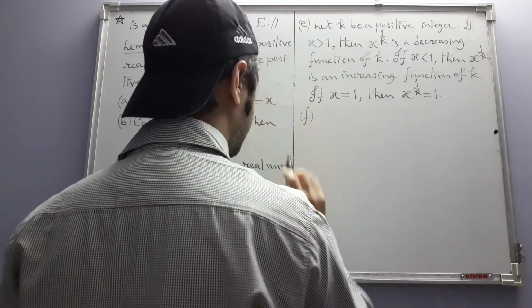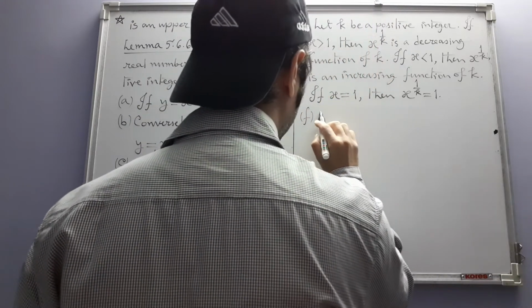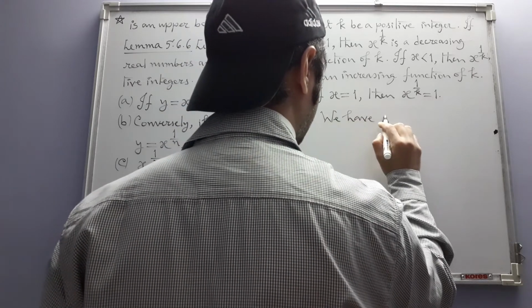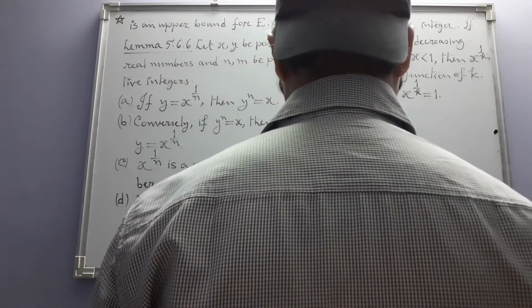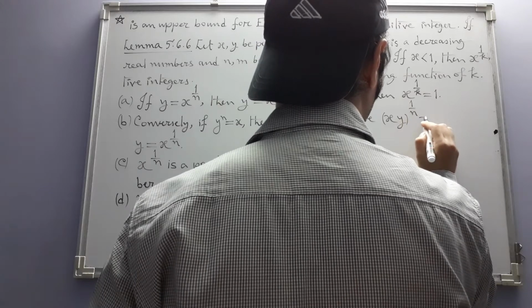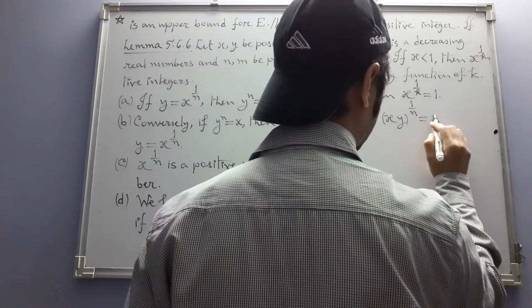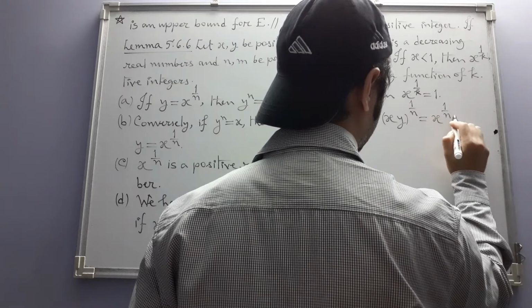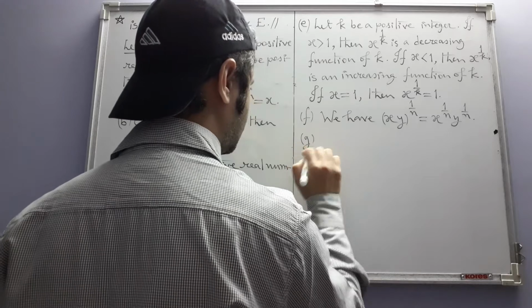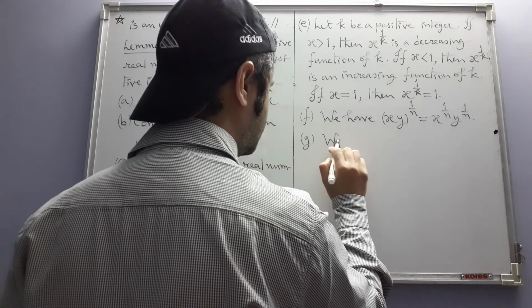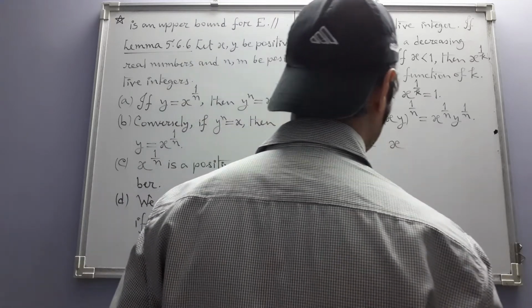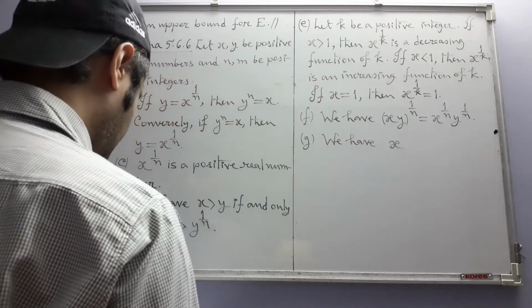Then there is a part F. We have xy all to the power 1 by n. The nth root of xy is the product of their nth roots. And finally, in part G, we are taking the nth root as well as the mth root, one after another.